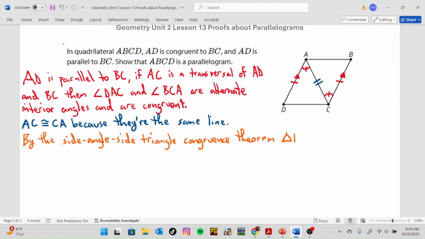Triangle DAC is congruent to triangle BCA.